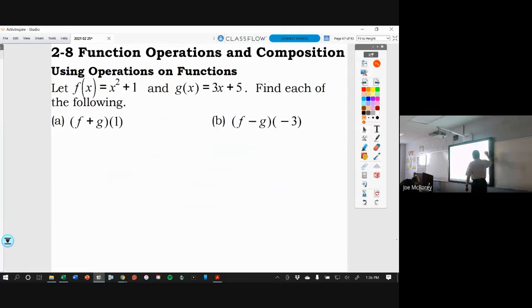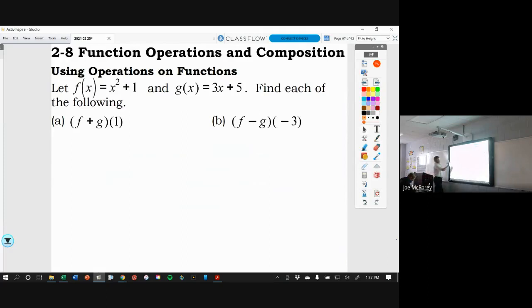We're going to do 2 problems with these 2 functions, f and g. F of x is x squared plus 1. G of x is 3x plus 5. And I want to know what is f plus g of 1.